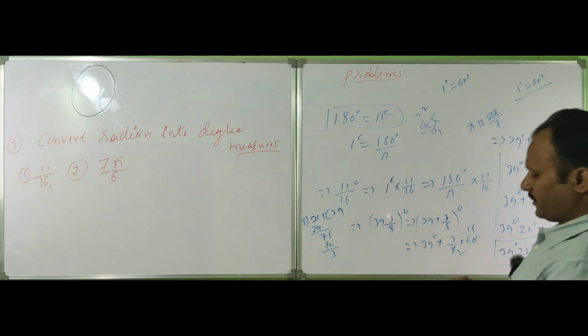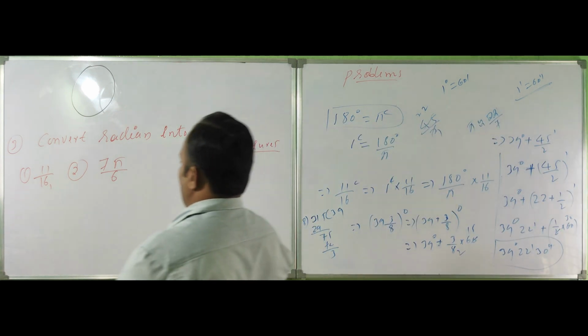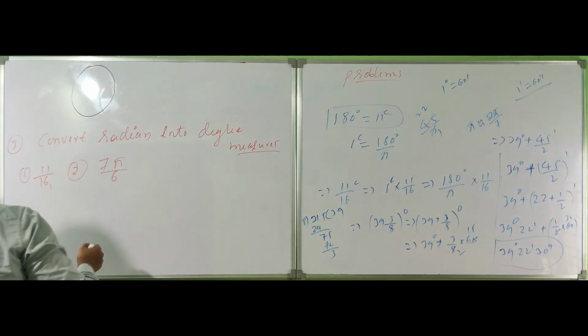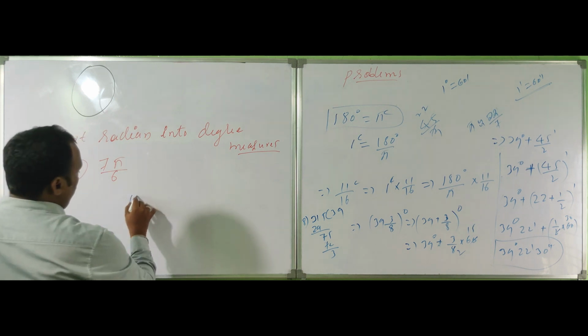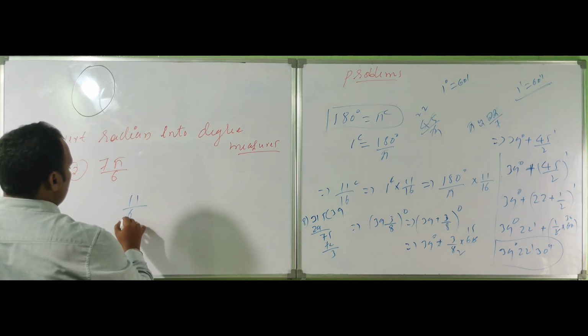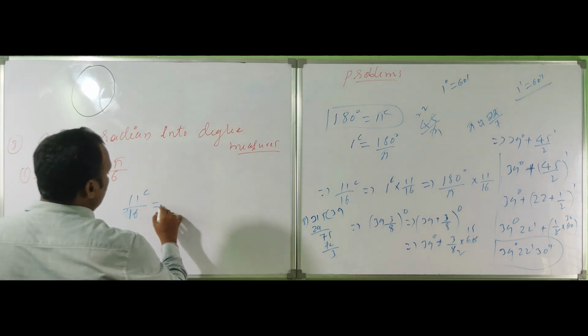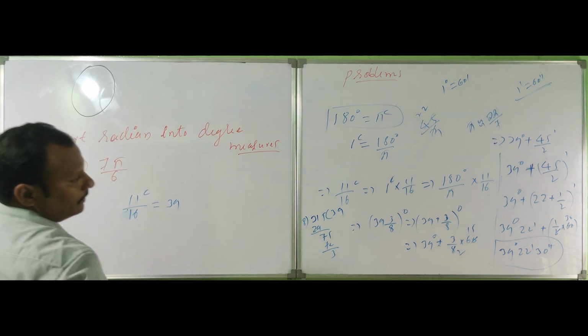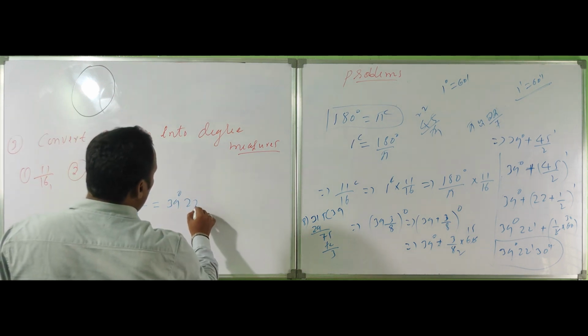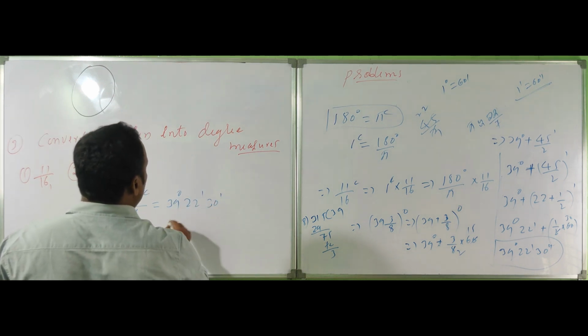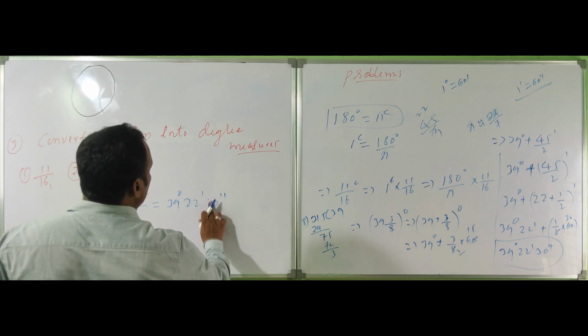Therefore, 11 by 16 radian is equal to 39 degree, 22 minute, 30 seconds.